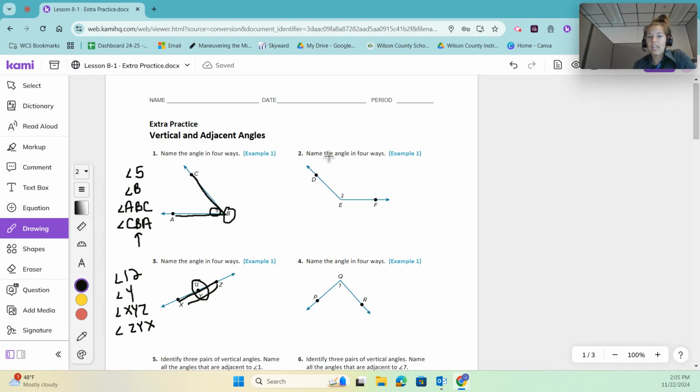You can try 2 and 4 on your own, but again, you are labeling this angle here and this angle here.